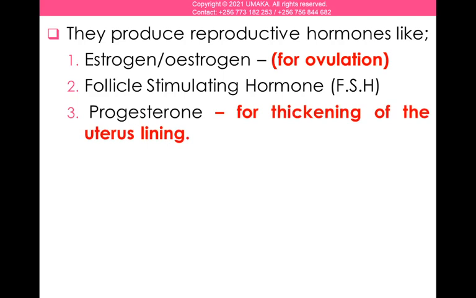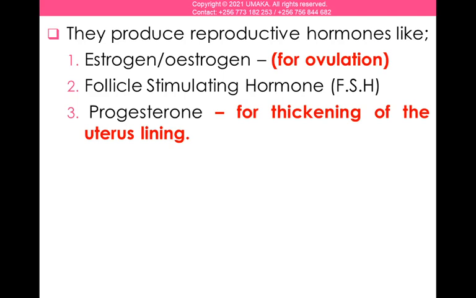Then we have the progesterone hormone. This one is for thickening of the uterus lining. Why should the uterus lining thicken? They have to thicken in order they prepare themselves to receive the zygote for implantation.